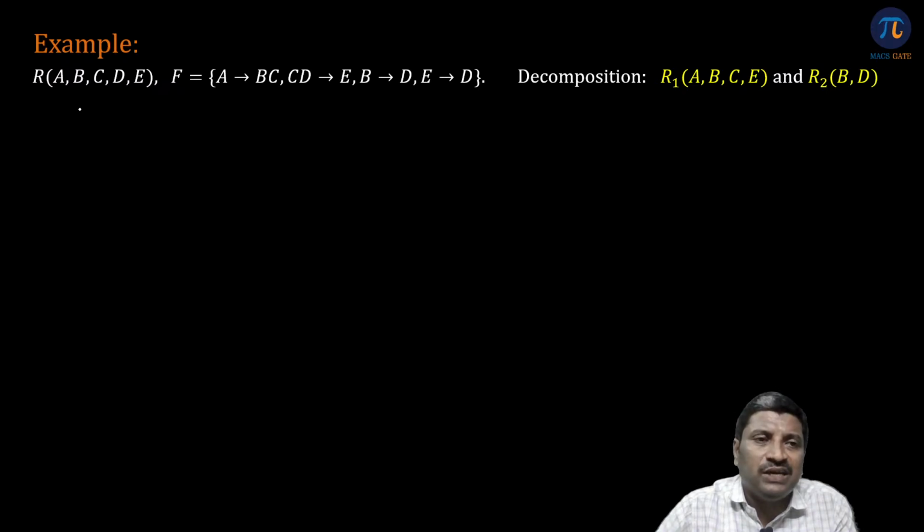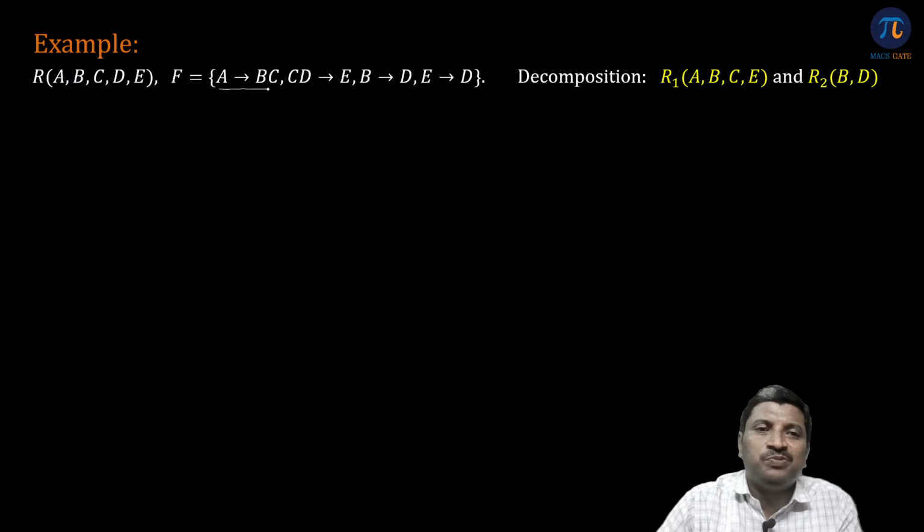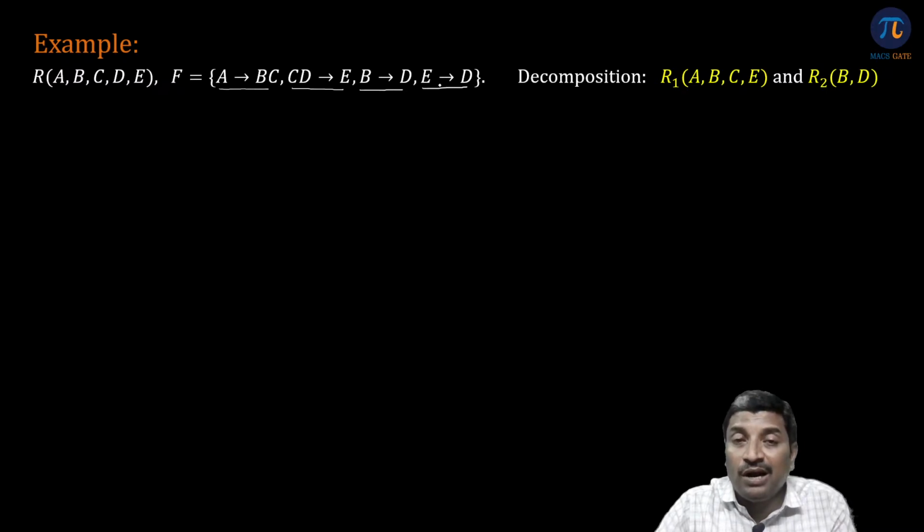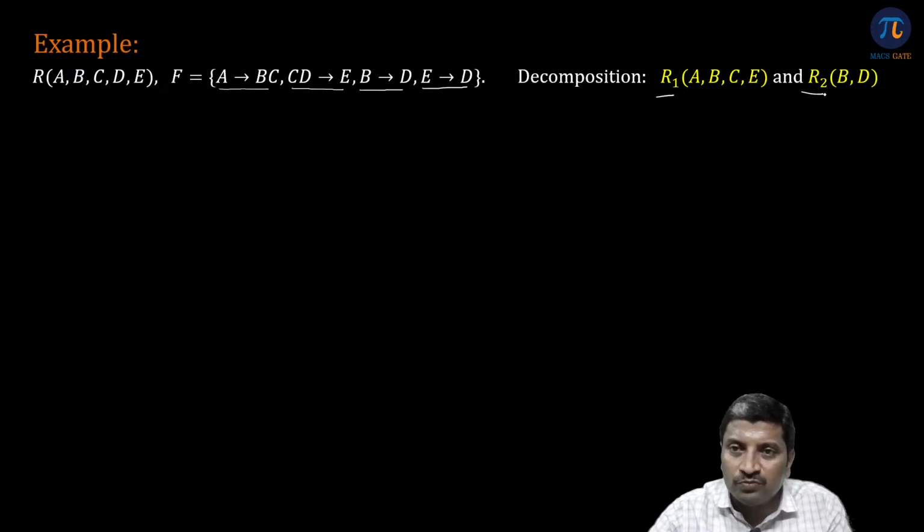Suppose R is a relation with 5 attributes A, B, C, D, E, and the FDs are A implies BC, CD implies E, B implies D, E implies D. So we have 4 FDs and the relation is decomposed into R1, which is having 4 attributes A, B, C, E, and R2, which is having 2 attributes, B and D. So now we need to verify whether this decomposition is satisfying dependency preserving or not.